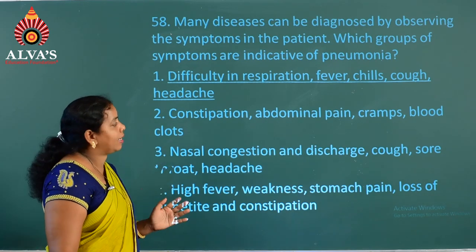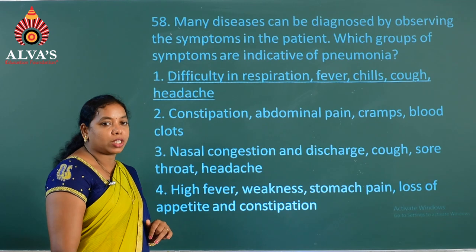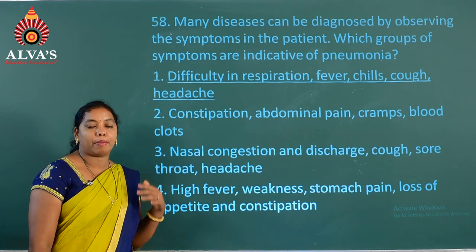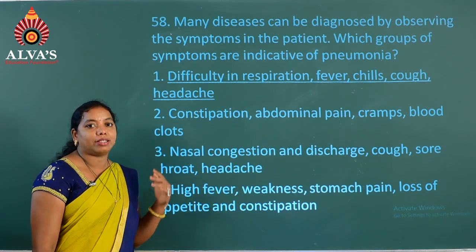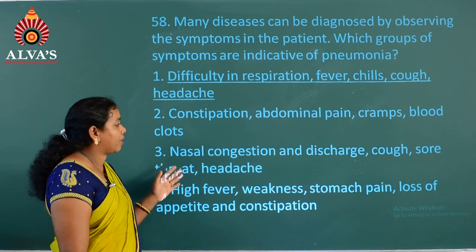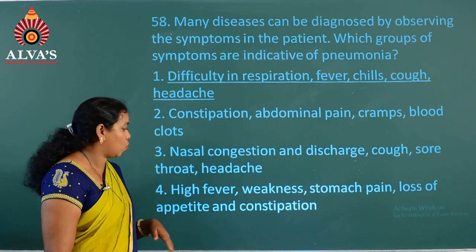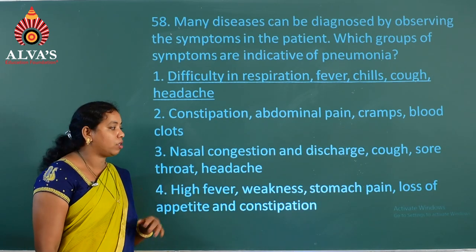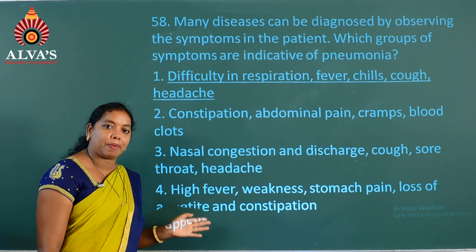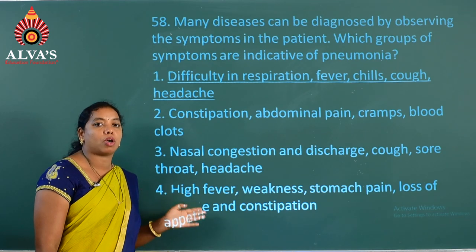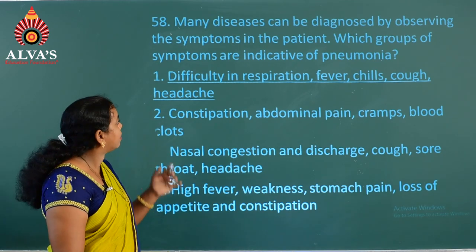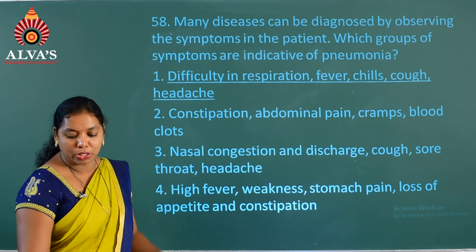So the first one is the right answer. The second one, constipation, abdominal pain and cramps, can be seen in the disease amoebiasis. Next, nasal congestion, discharge or sore throat can be seen in common cold. The next one, high fever, weakness, stomach pain, loss of appetite can be seen as symptoms of typhoid. So the correct answer for question number 58 is the first option.